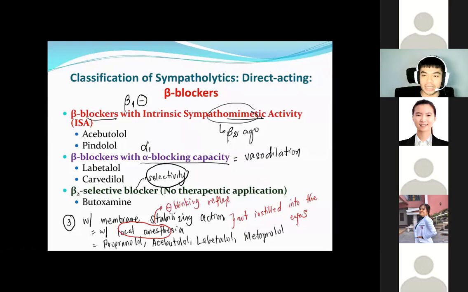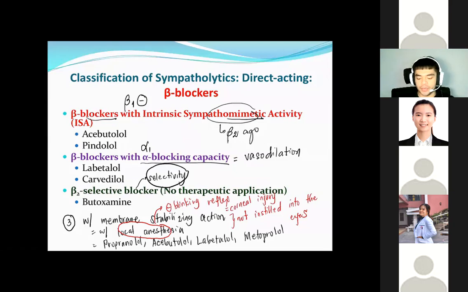Otherwise, matutuyo yung mata natin. So pag na-inhibit nila ang blinking reflex, that could result to corneal injury. That's why they are not administered in the eyes. Okay, bawal.